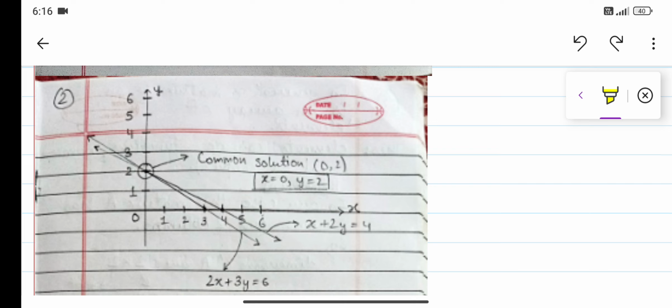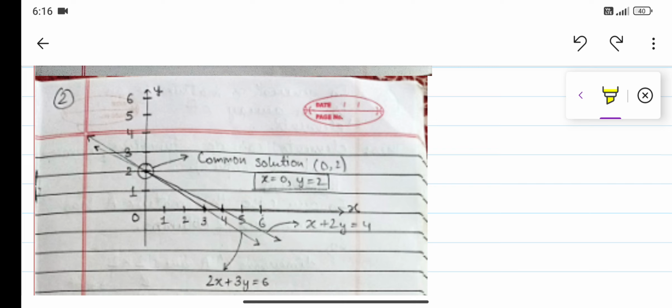From a geometrical point of view, we try to look at how these two lines meet. If they meet at a common point, they have a common solution. If they don't meet, it means no common solution exists. And if these two lines completely superimpose each other, then we have infinitely many solutions for the simultaneous equations.